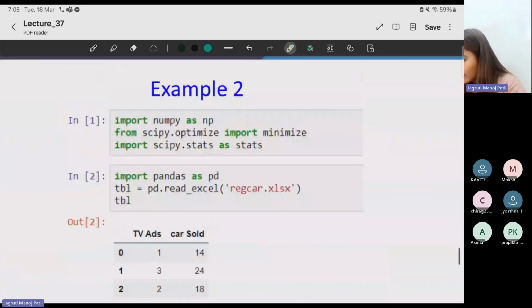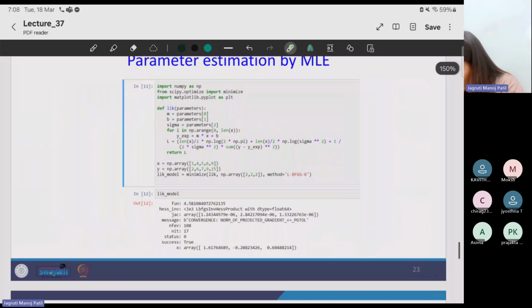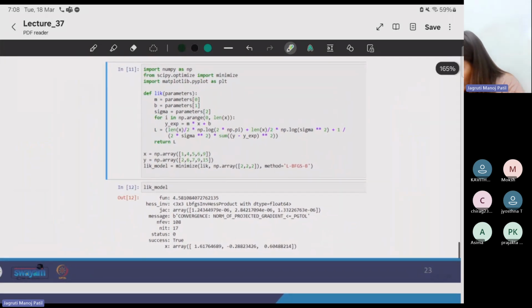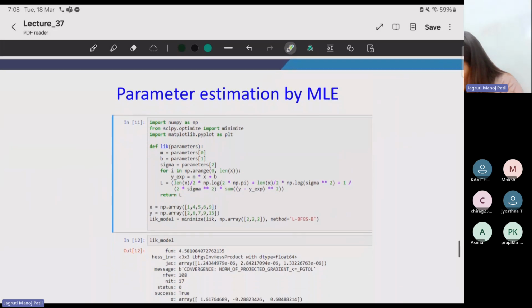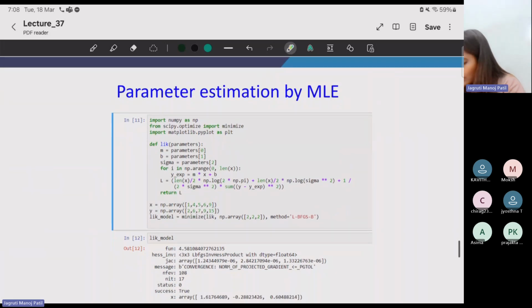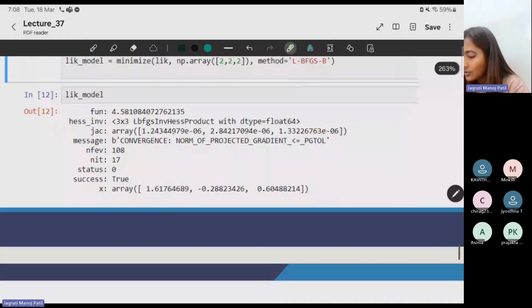And what happened? Wait, I'll just see if we have those same values there. So this is the likelihood function that we get. This is the error. Sorry. So this is your likelihood function. These are your final values, not the below ones. Apologies for that.